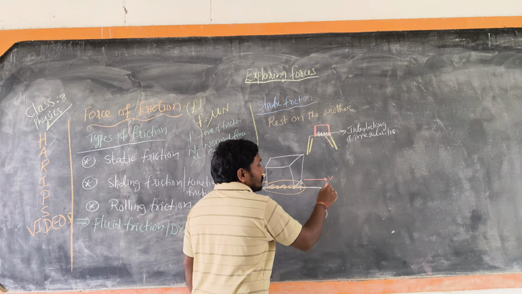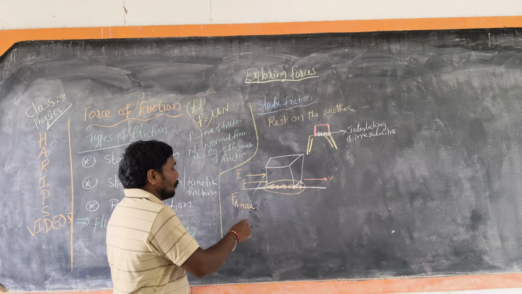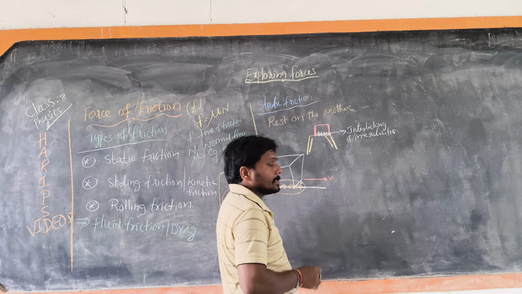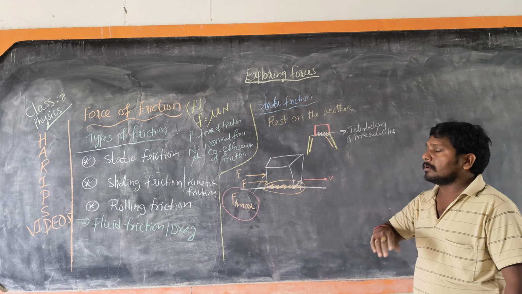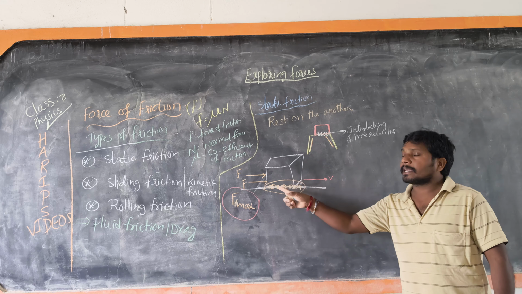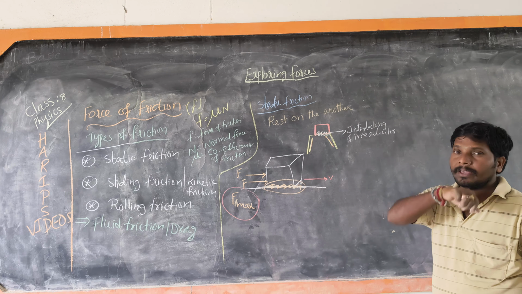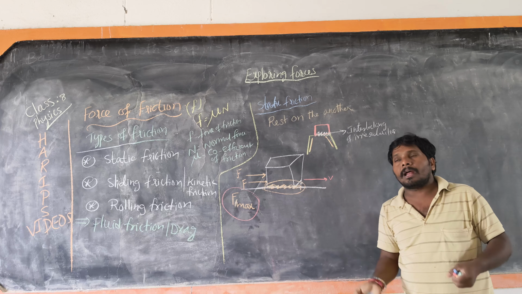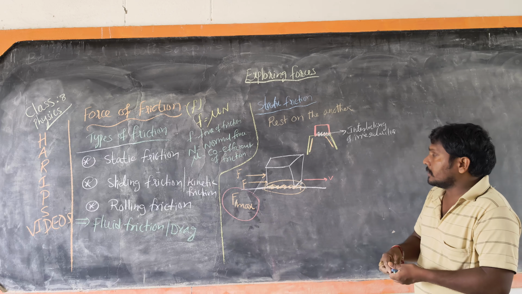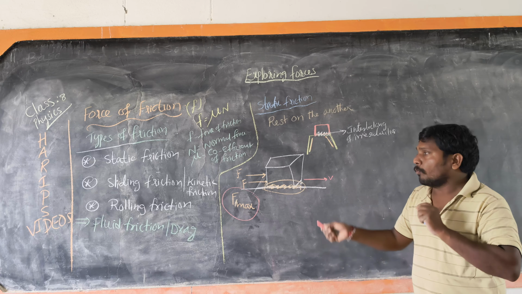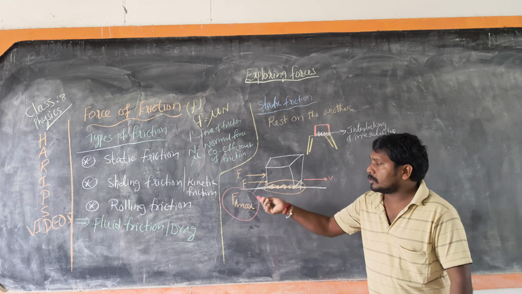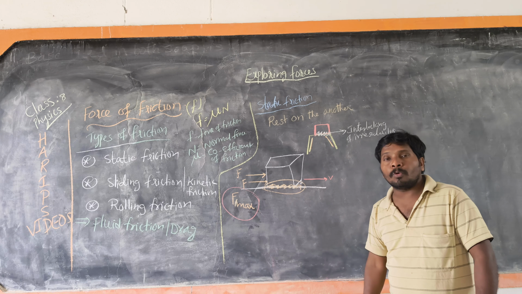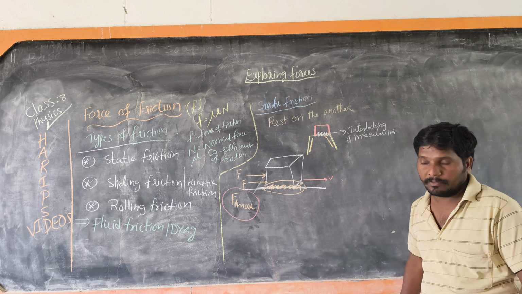Once the object starts to move, we no longer need to apply this maximum force, because it breaks down the interlocking of irregularities between these two surfaces. When the interlocking becomes less, the object starts to move. Once it starts to move, a little force is enough and the object will move in the direction of the force.